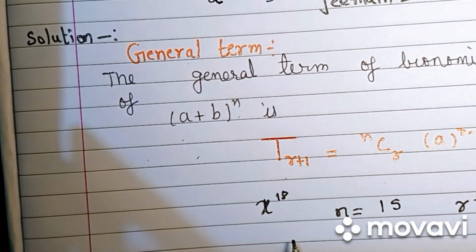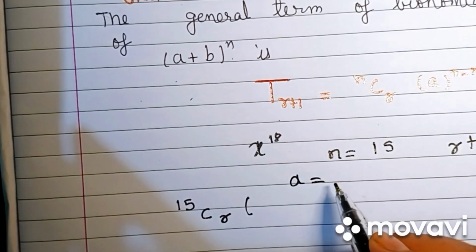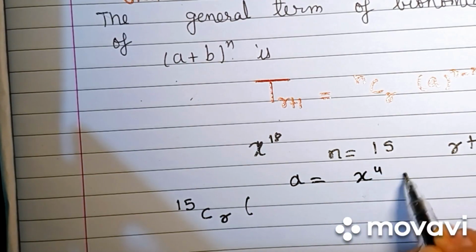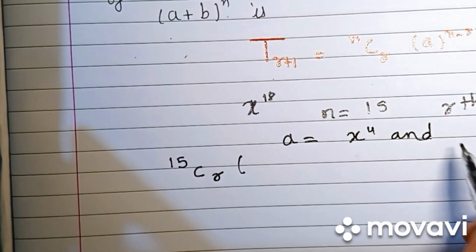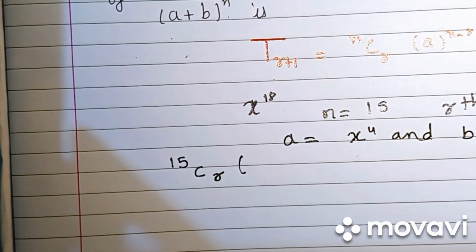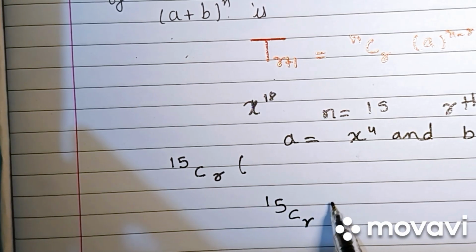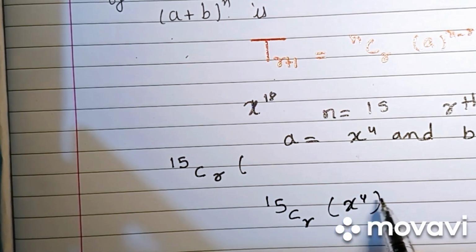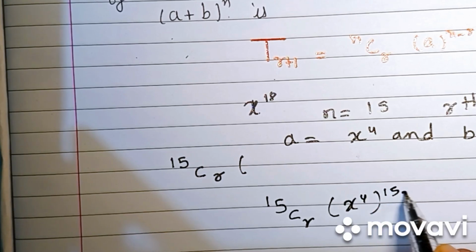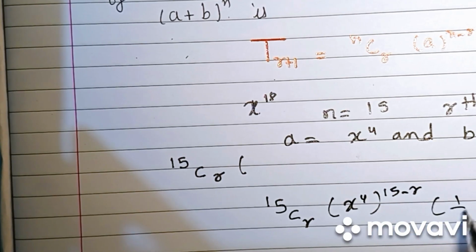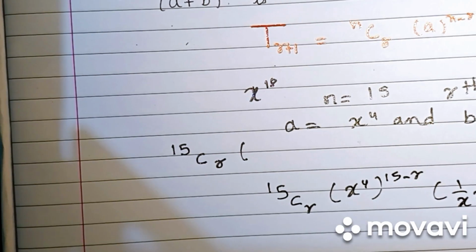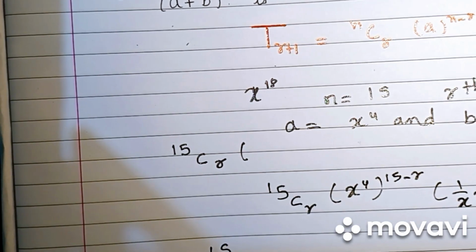So we have a equal to x raised to 4 and b equal to 1 upon x cube. The general term will be 15Cr x raised to 4 to the power 15 minus r and 1 upon x cube to the power r. It will be the rth term. So let's proceed.